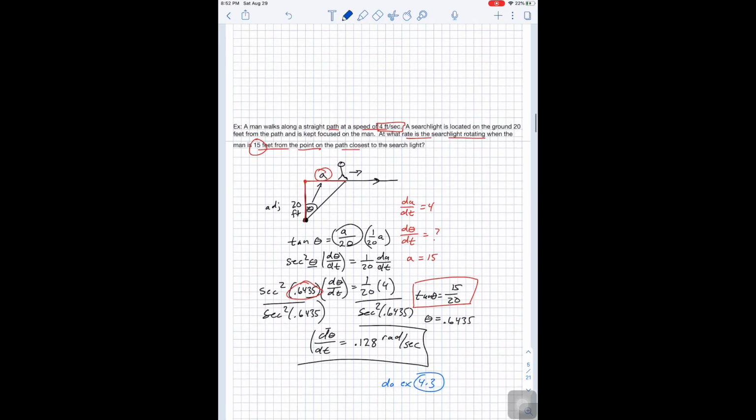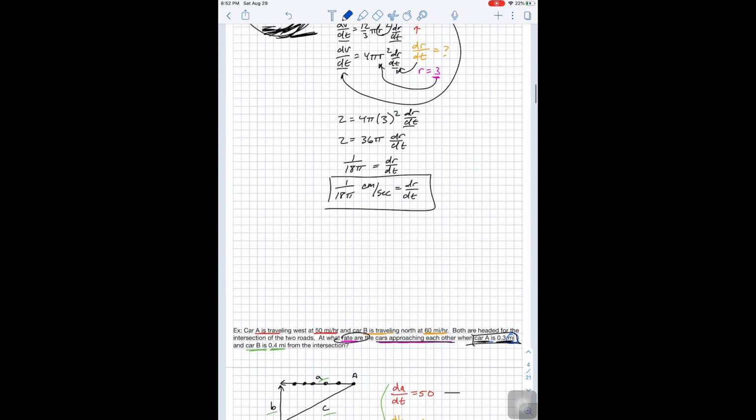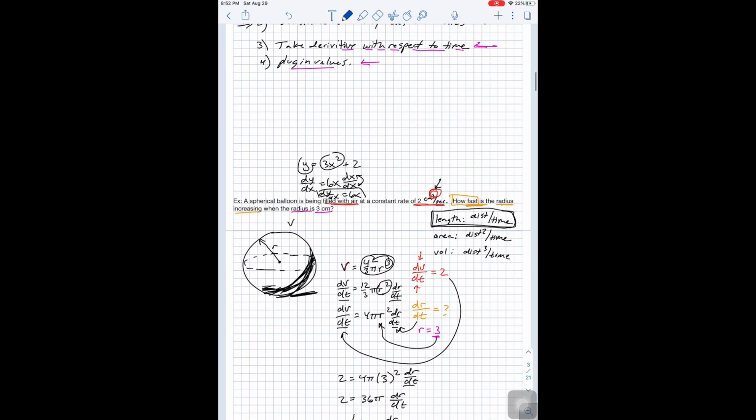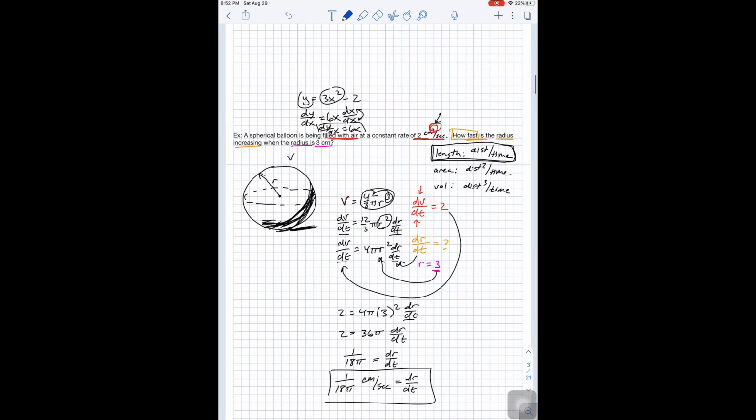I want to go check something up here. I had this thought as we were going through these problems. I want to clarify this and just make sure you're clear. When we were up here doing this sphere balloon, I wrote down these right here. And I think I said this, but I want to make sure that I'm really clear. These labels are all rates.